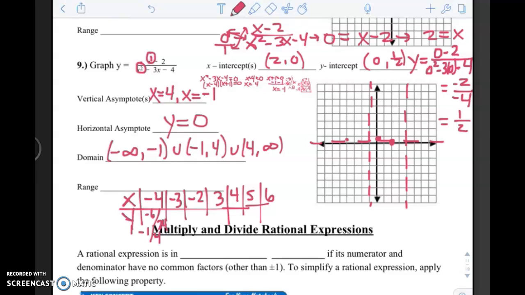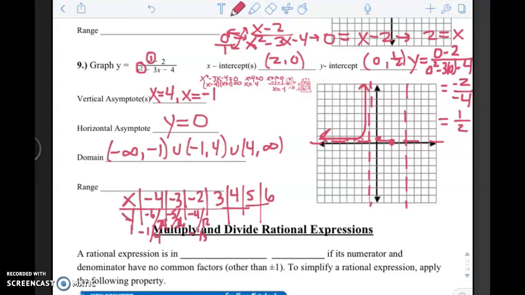If you plug in -3, you get -5 in the numerator, and 25 plus 15 would be 40, minus 4, 36. -5 over 36, so just above -1/4, but still real close to that horizontal asymptote. If we plug in -2, we'll get -4 for the numerator. In the denominator, we get 12, so that's -1/3. So slowly but surely moving our way up. So I'm going to have a piece here.